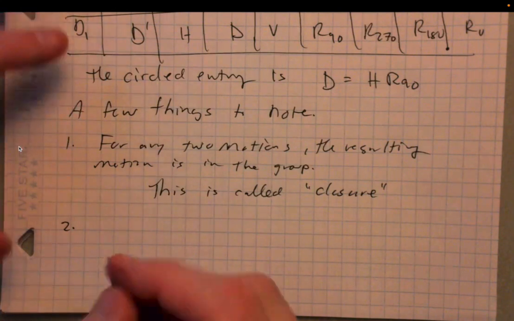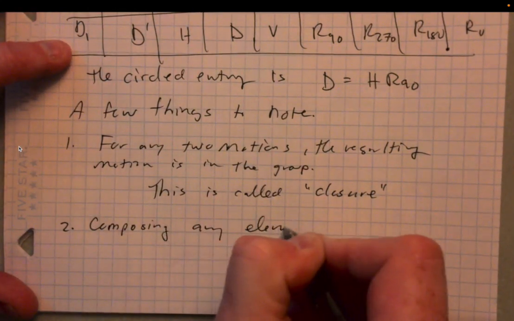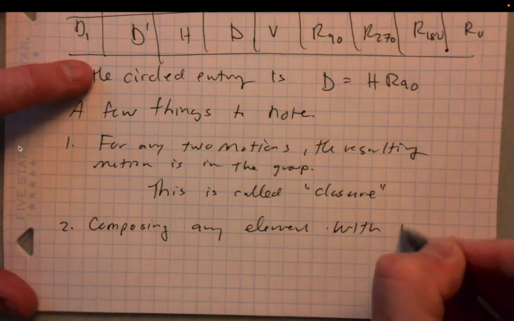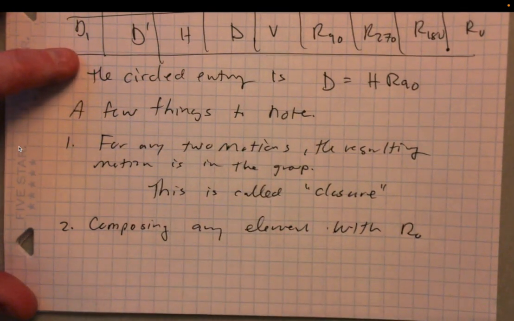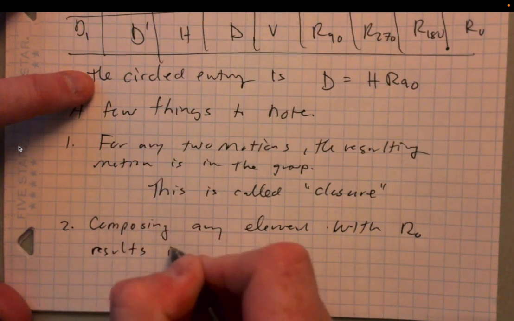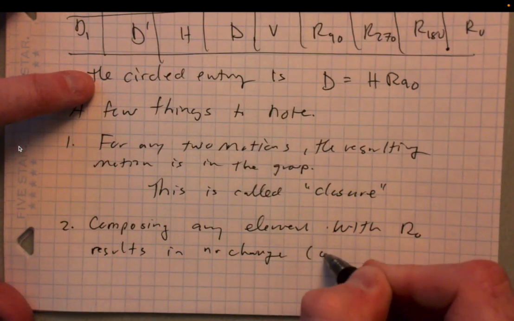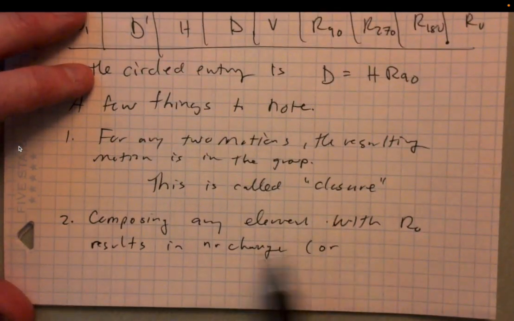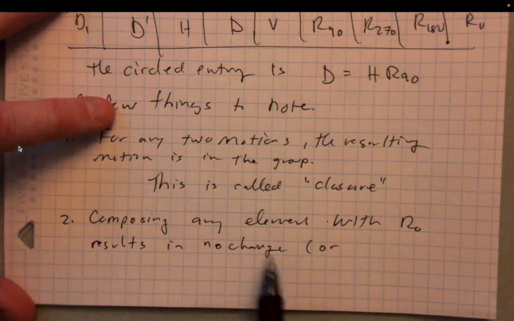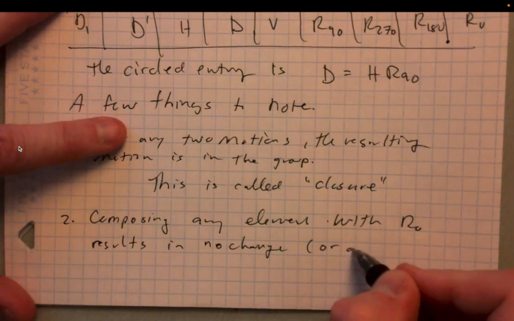So composing any element with R0 results in a returning of the original element, or I could say no change. I'll use both terms. No change is the way it looks in this physical group anyway, but a better way to think about it is that the original element is returned.